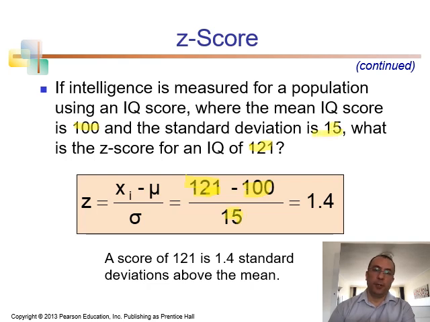So the result is 1.4. So the z-score is 1.4. Now if the z-score is 0, that means it is in the center, in the middle. For example, in the course, you will have some courses which will do curve grading. In curve grading, your score will be based on your z-score.